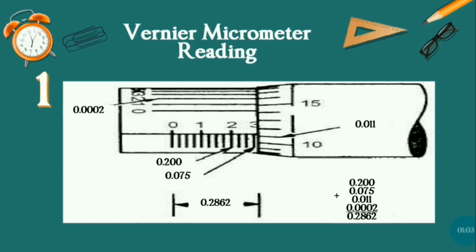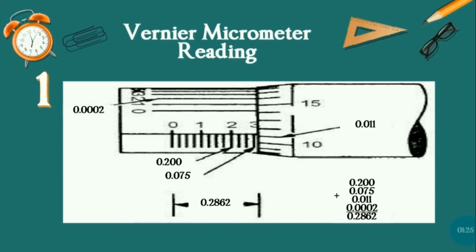Next, we will focus on the thimble scale. So we found out that the line is number 11. So that measures 0.011 or 11,000ths. Next, we will move on to the Vernier scale.